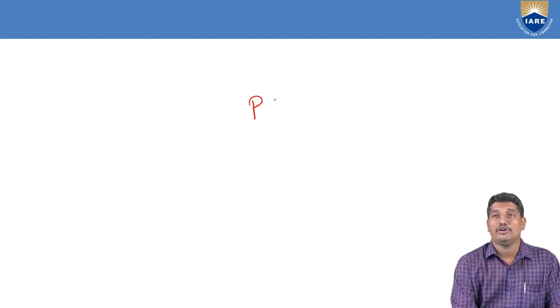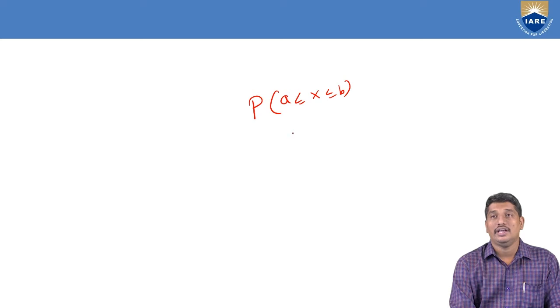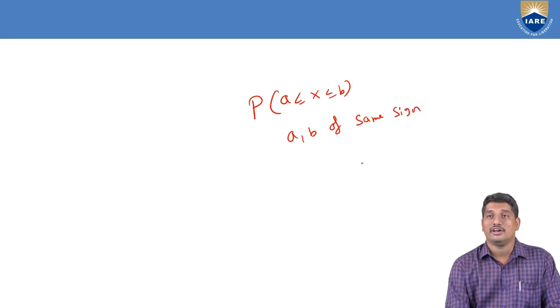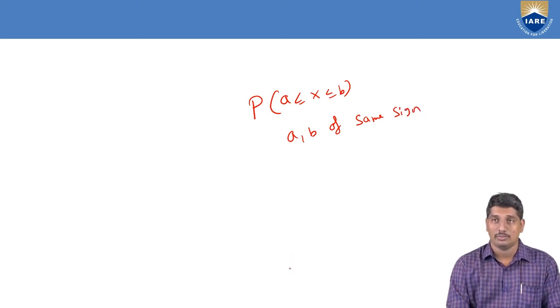If you are calculating the probability P(a ≤ x ≤ b), and a and b are of the same sign, you will use a different kind of formula. Let us look into that formula.